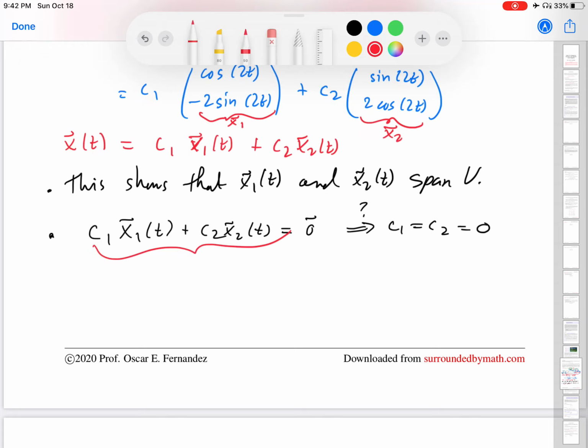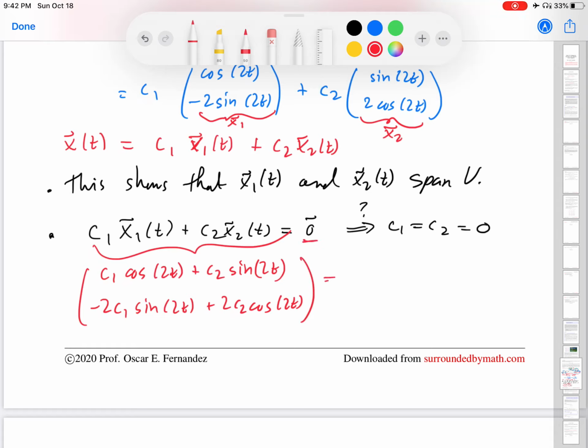So I would get this vector, c1 cosine 2t plus c2 sine 2t, and then down here, minus 2c1 sine 2t plus 2c2 cosine 2t, and I'm setting this equal to the 0 vector, 0, 0.